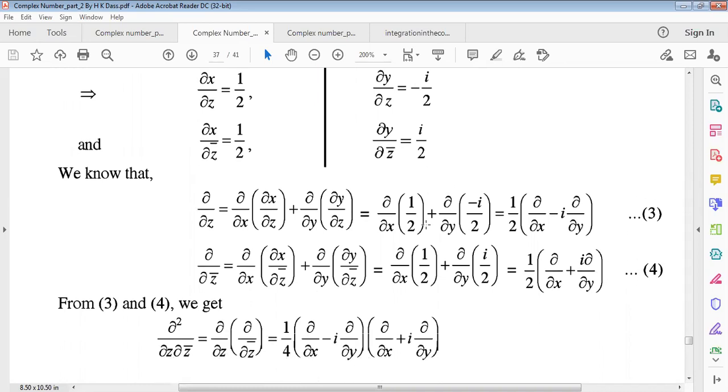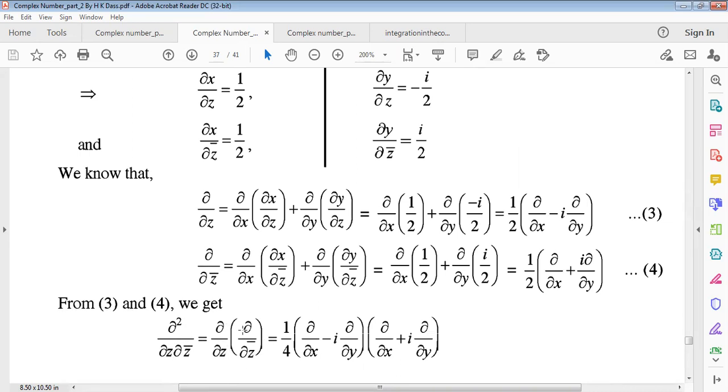So from equations 3 and 4, multiplying del by del z with del by del z bar, we get del square by del z del z bar.